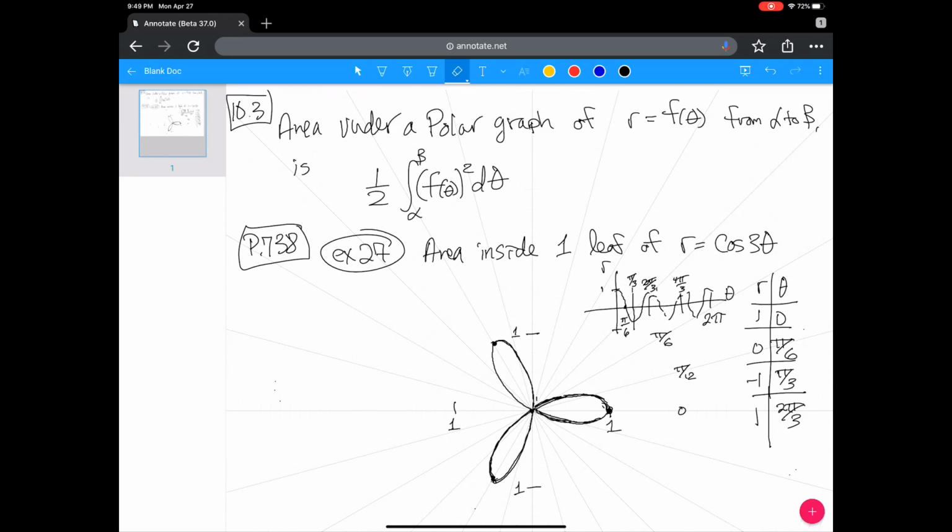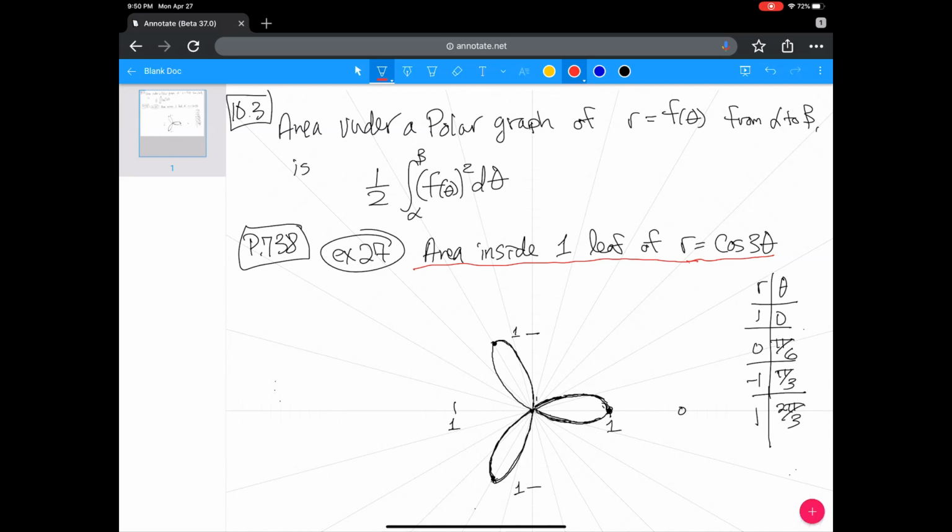And we are tasked to get the area of one leaf of this graph. Take all this stuff out of the way. So we want the area inside one leaf of this function. So what we need to do is figure out what range of angular values I would use to come up with this.